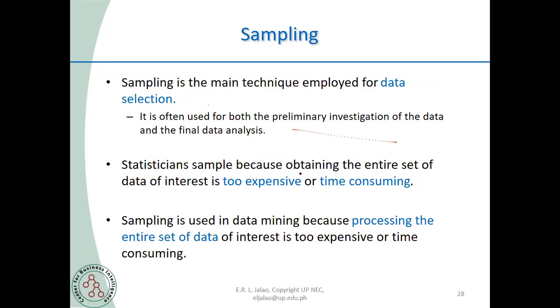The statistician samples because obtaining the entire set of data of interest is too expensive or time consuming. Sampling is used in data mining because processing the entire set of data of interest is too expensive or time consuming. Kasi kapag yung buong data yung ipaprocess natin, magtatagal yung pagpaprocess. Kaya kailangan ng sampling. Okay? Kasi baka masyadong matagal yung pagpaprocess kapag hindi tayo nag-sample.